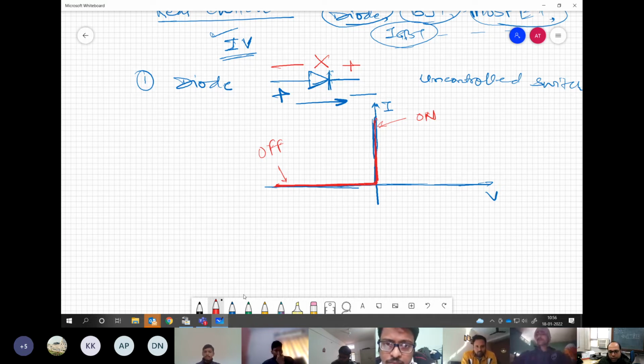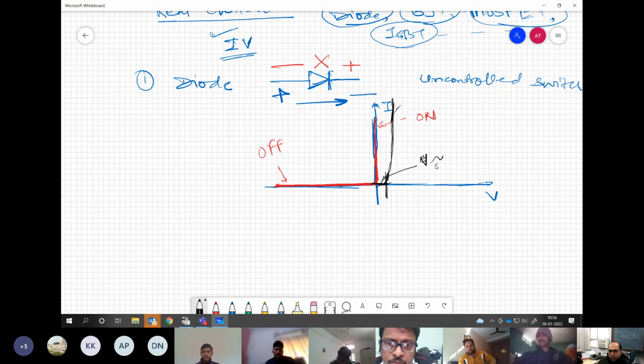Now, obviously, for a practical diode, it will not immediately conduct. It will conduct only after the threshold voltage is crossed. And it will continue, obviously not up to an infinite value, but somewhere it will stop. So this is some amount of voltage we need to inject for this diode to break the PN junction barrier.